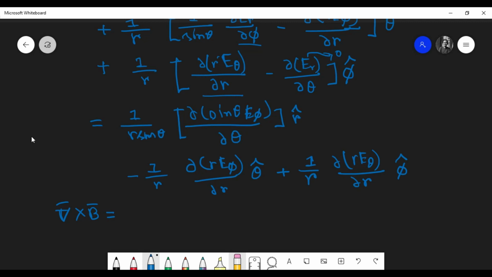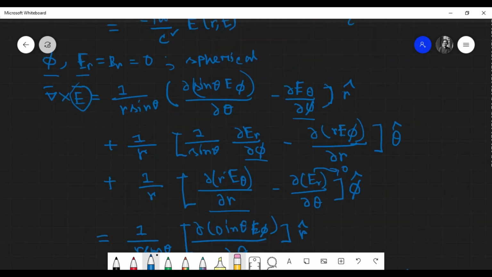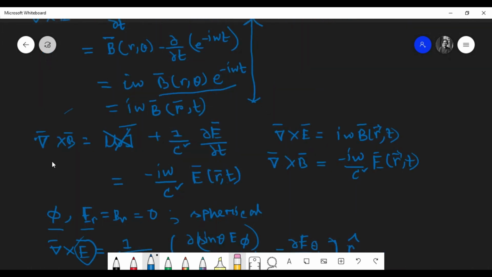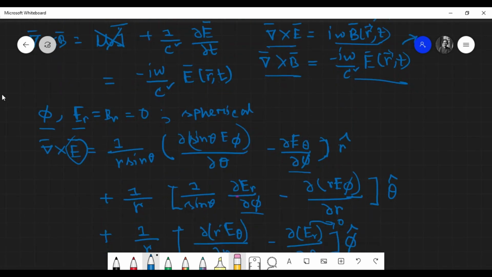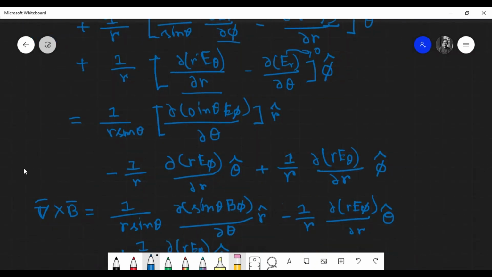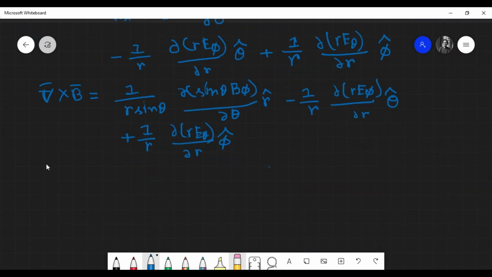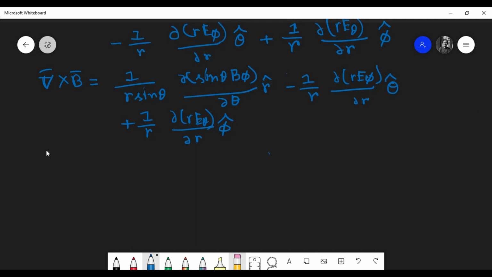Because we have assumed similar assumptions in the case of the magnetic field too. Now, as you can see from Faraday's law and the Ampere-Maxwell law, we can work out the different components on both sides. So we will now think about the components of the Faraday equation and the Ampere-Maxwell equation.